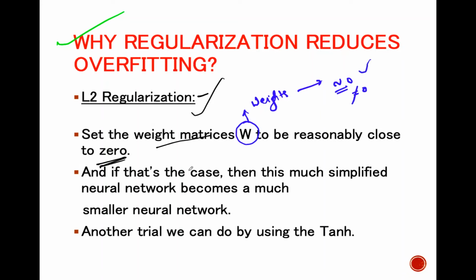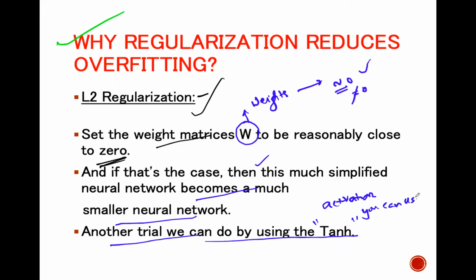If that is the case, this becomes a simplified, much smaller network. Another trial you can do is to use tanh also, as the activation function.